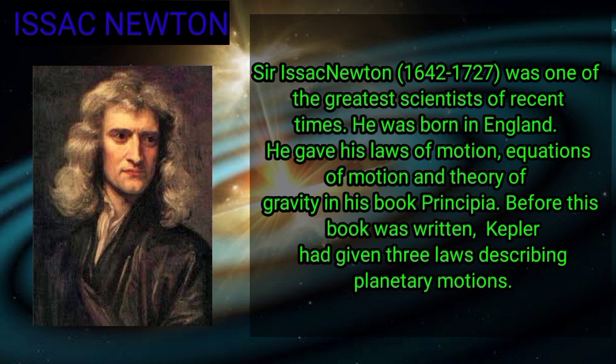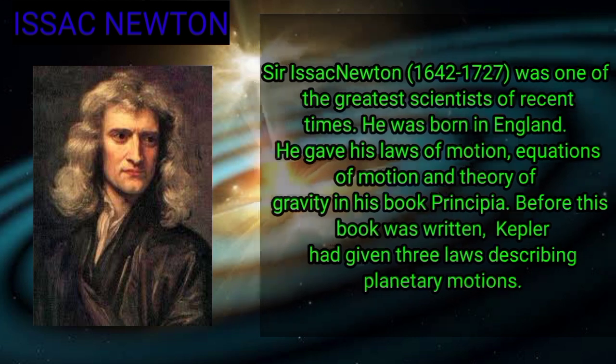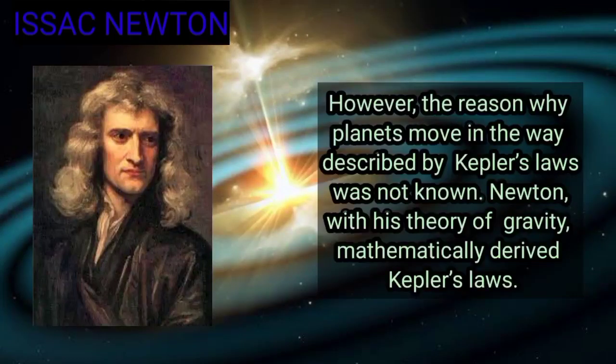Before this book was written, Kepler had given 3 laws describing planetary motion. However, the reason why planets move in the way described by Kepler's laws was not known. Newton, with his theory of gravity, mathematically derived Kepler's laws.